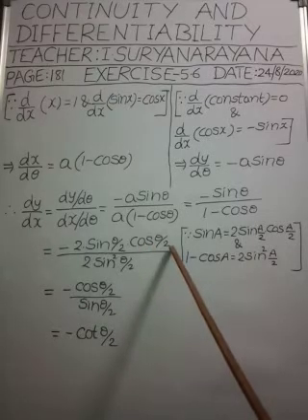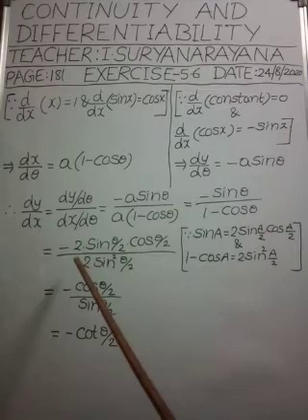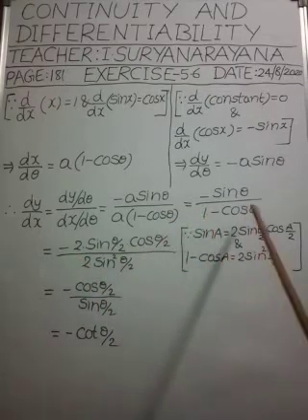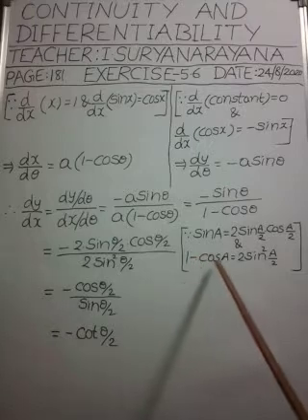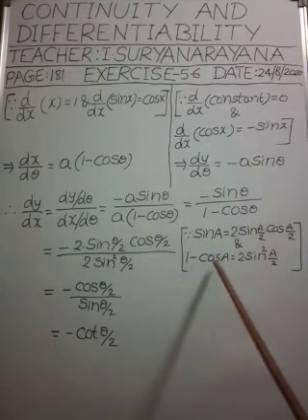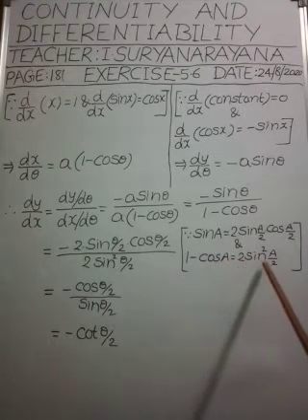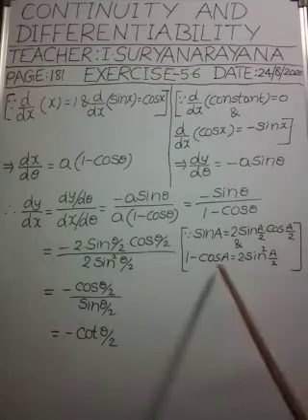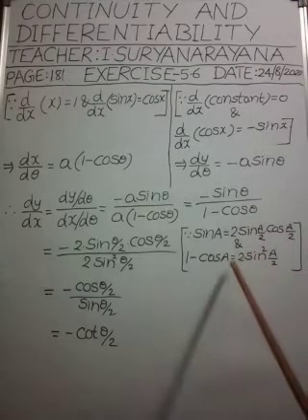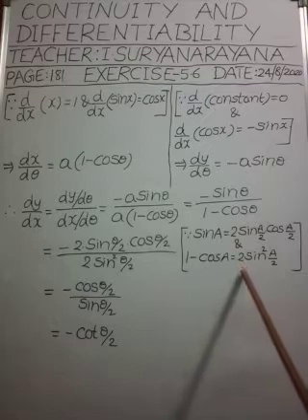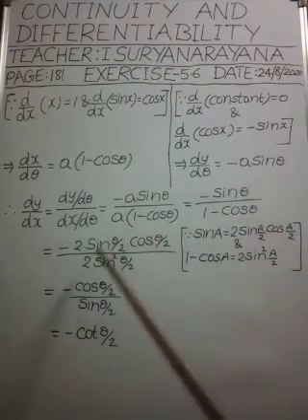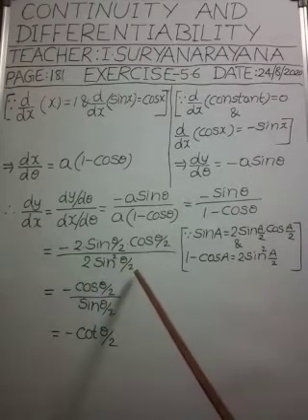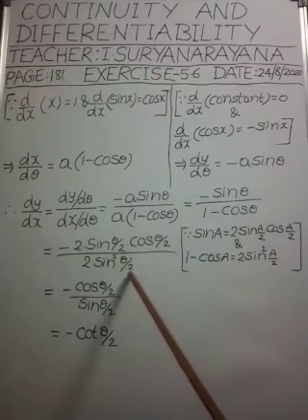Understood this numerator part, my dear children? Right. Now come to the denominator part, 1 minus cos theta. Here also we use the half angle formula. 1 minus cos A is equal to 2 sin square A by 2. Do you remember this formula, my dear children? Right. We use this formula in the denominator. In the place of A, theta is there. So 2 sin square theta by 2. Understood the denominator part, my dear children?